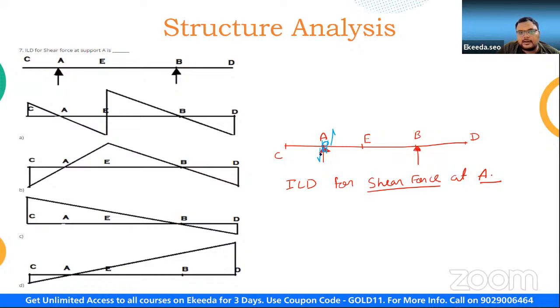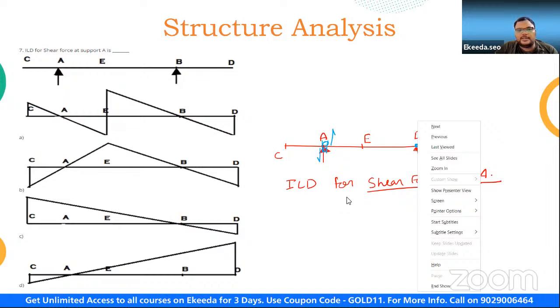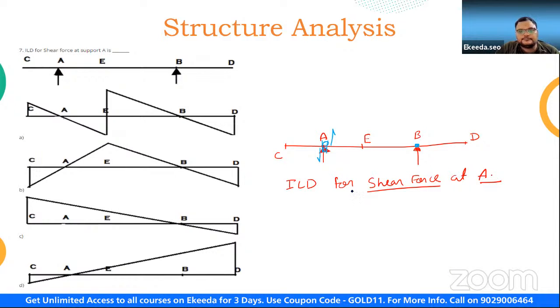And what will happen naturally? So this will go down, this will go up, and here it is to remain 0, right? At point B, it should remain 0. So can anybody tell me what is the correct option for this one? Yes, can anybody tell me what is the correct option?